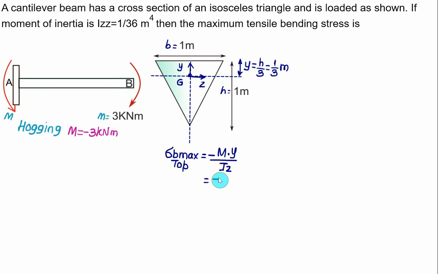Y is positive here and M is negative, so negative becomes positive. So we have minus M, which is minus of minus 3 into 10 to the power 6, and the value of y is 1 by 3, so we multiply by 1 and divide by 3.